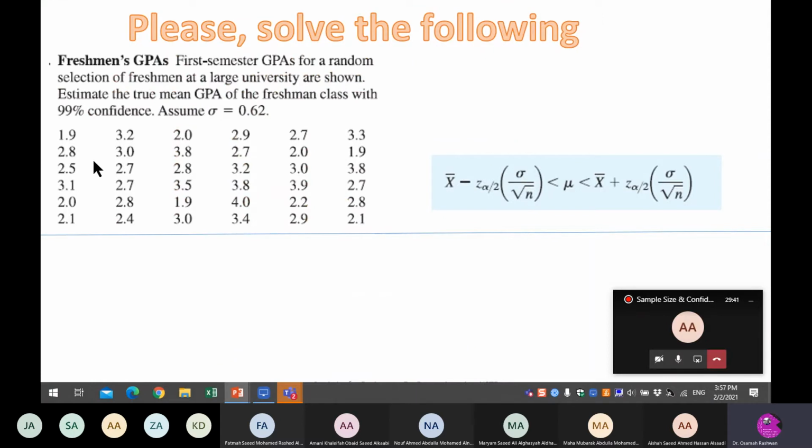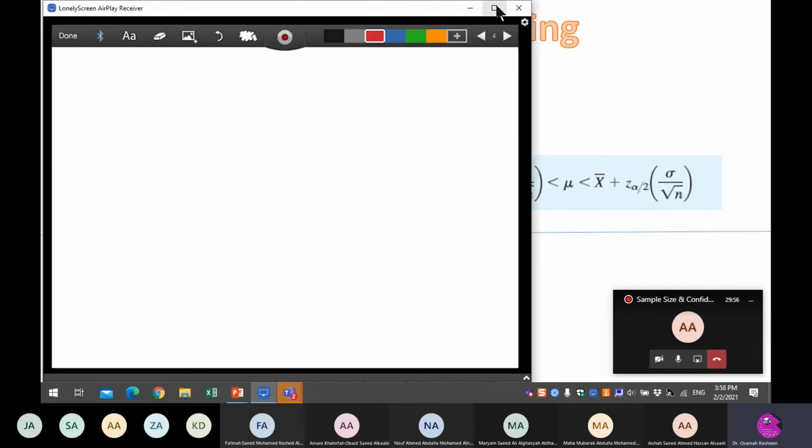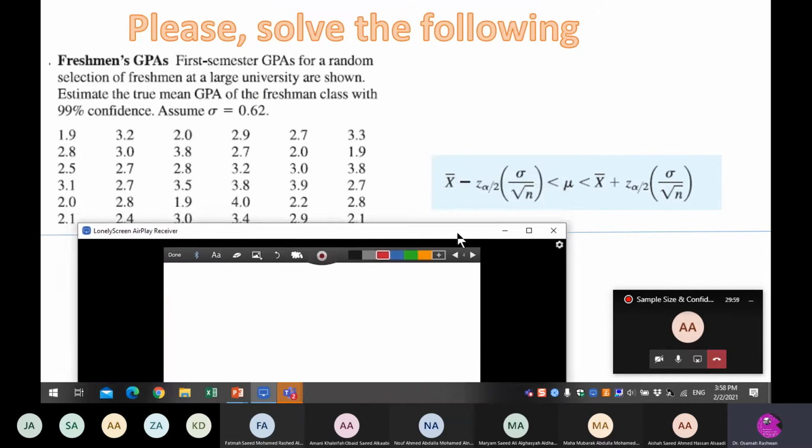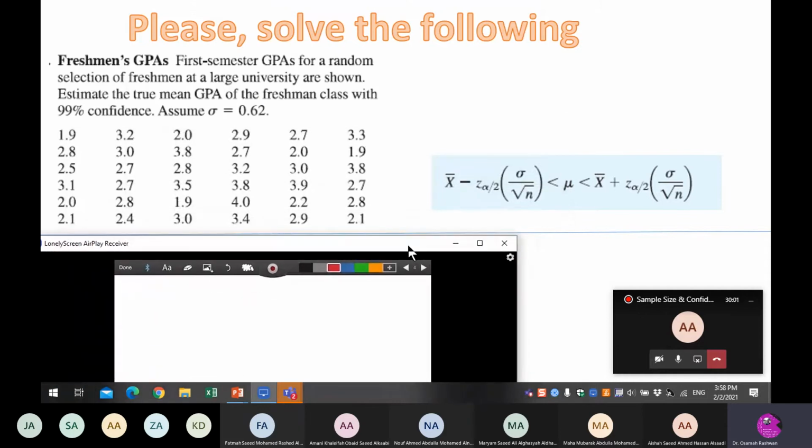Can you use your calculator to find the mean? Yes, I will let you know how to do this, and please try to go with me. Can you go for mode? Go for statistics or stat, and then go for what?